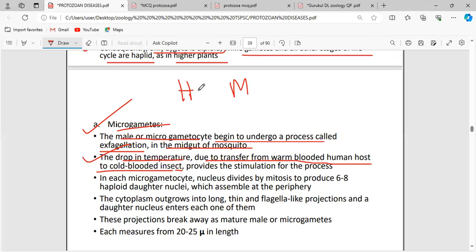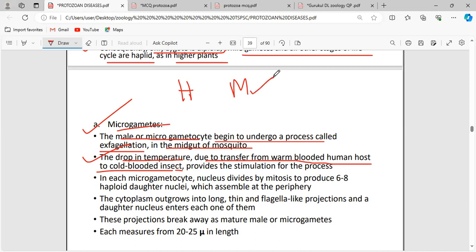What is a warm-blooded animal and a cold-blooded animal? See, whatever the external temperature, we humans maintain an internal temperature. Always our body temperature will be 36 or 37 degrees Celsius. Whatever temperature is seen in the external environment, our body follows its own rules.